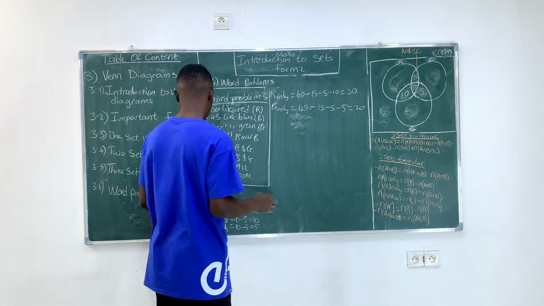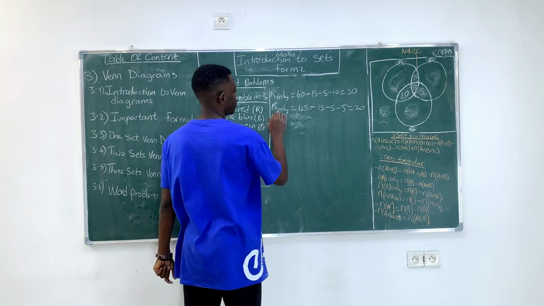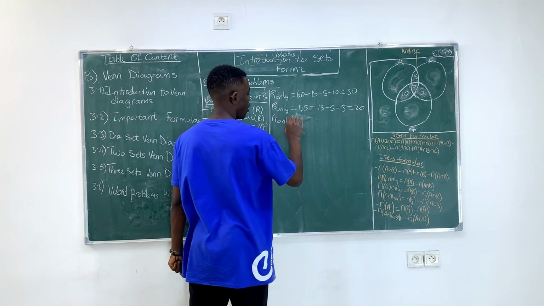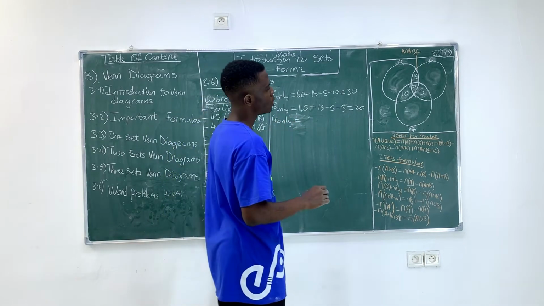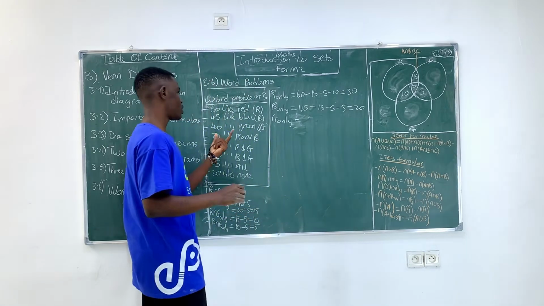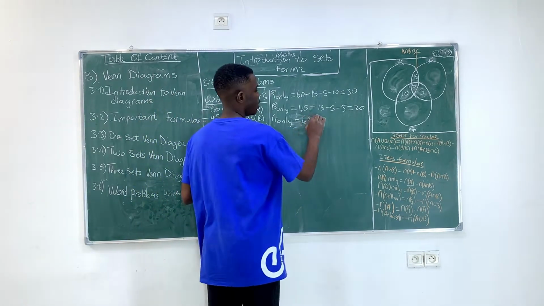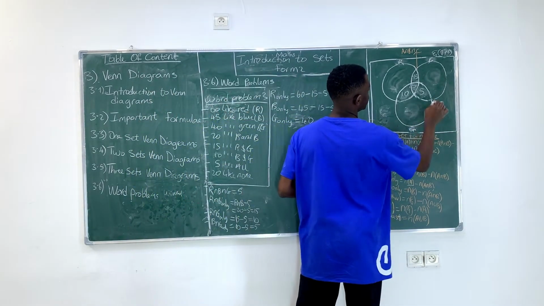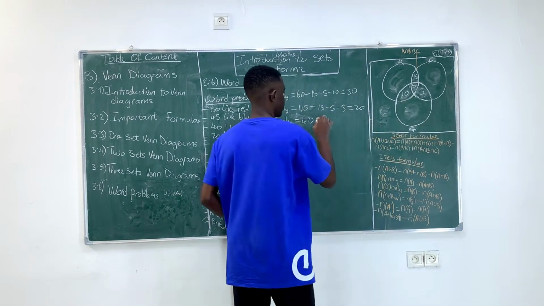So what is G only? G only is equal to the actual G that was given to us, 40, minus all of the intersections found in G: 10, 5, 5.